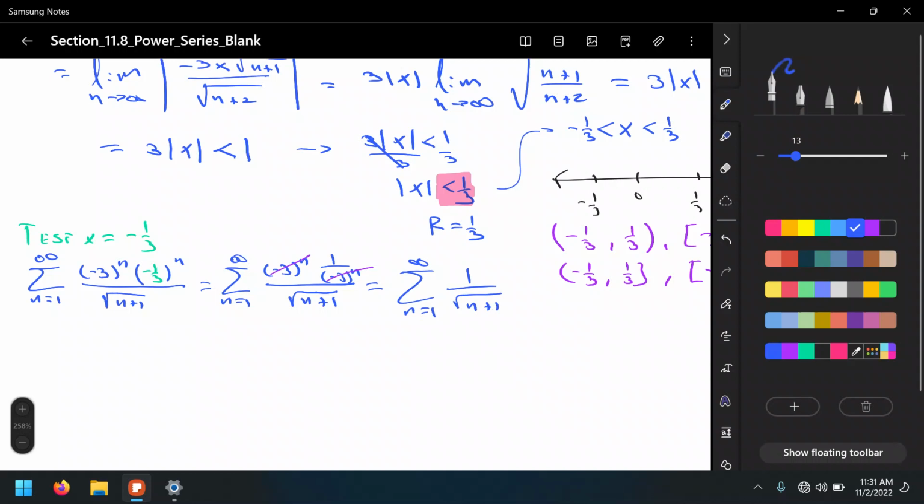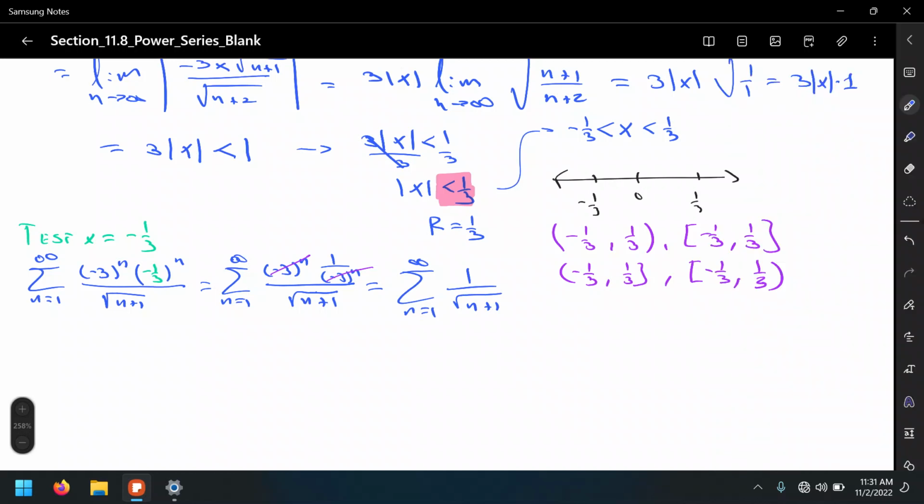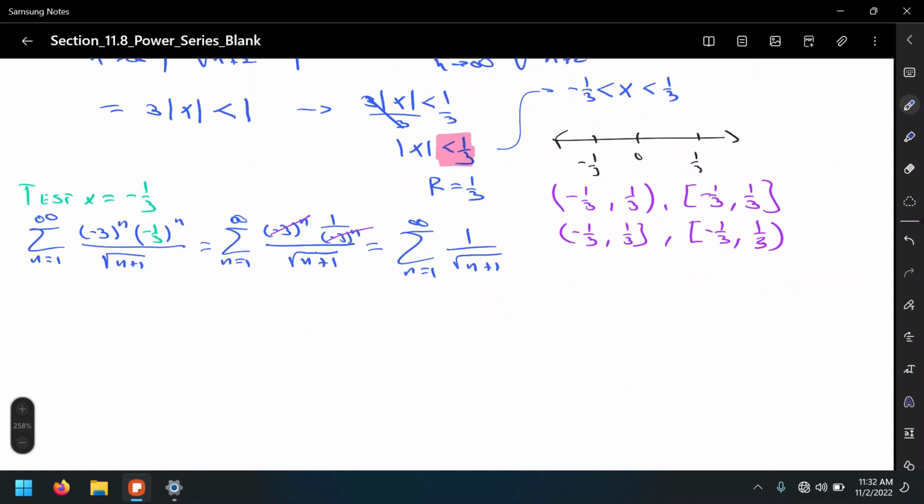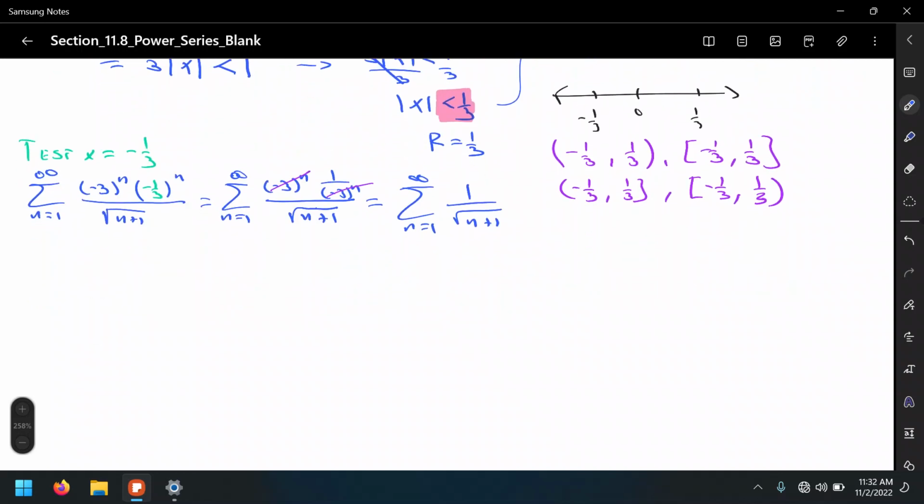So let's look at this series. For this new series, we need to use one of the 10 tests. Well, it looks like the integral test would be a good candidate. It's positive, it's continuous, and it's decreasing by just looking at the expression, but that's going to take a long time. However, how about we use a comparison test?